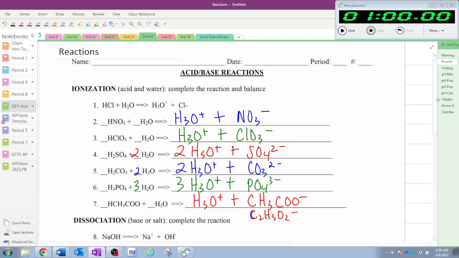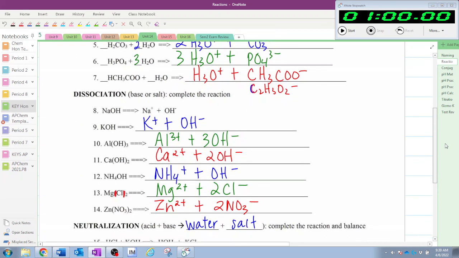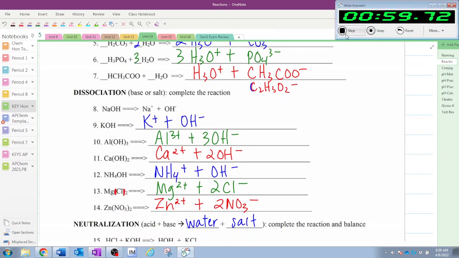All right, moving to the dissociation equations. These generally were a little better. A few students, especially ones who weren't here yesterday, are still off on their subscripts. Only polyatomic ion subscripts go to the other side, and nitrate was the only polyatomic ion in that section that had a subscript. Yeah, there's hydroxides, but that doesn't have a subscript.